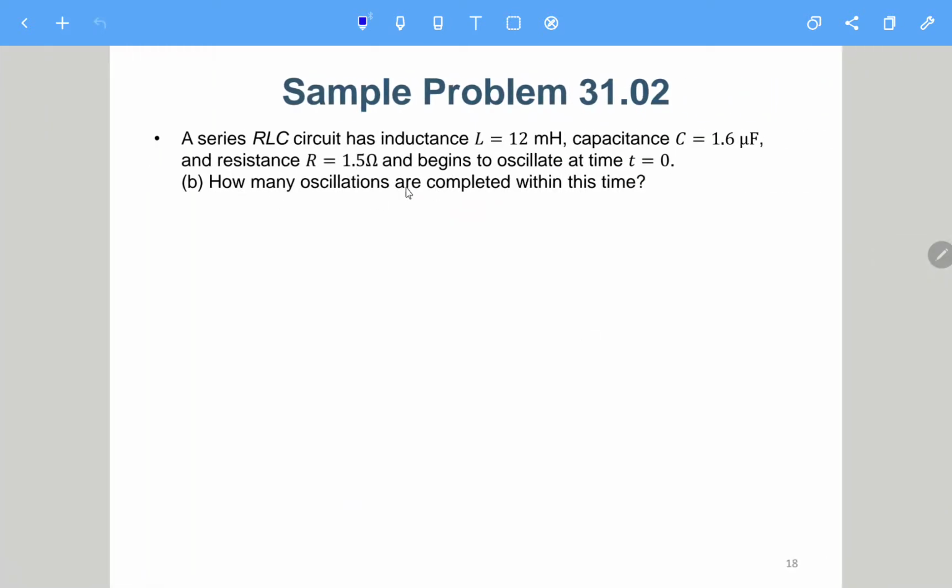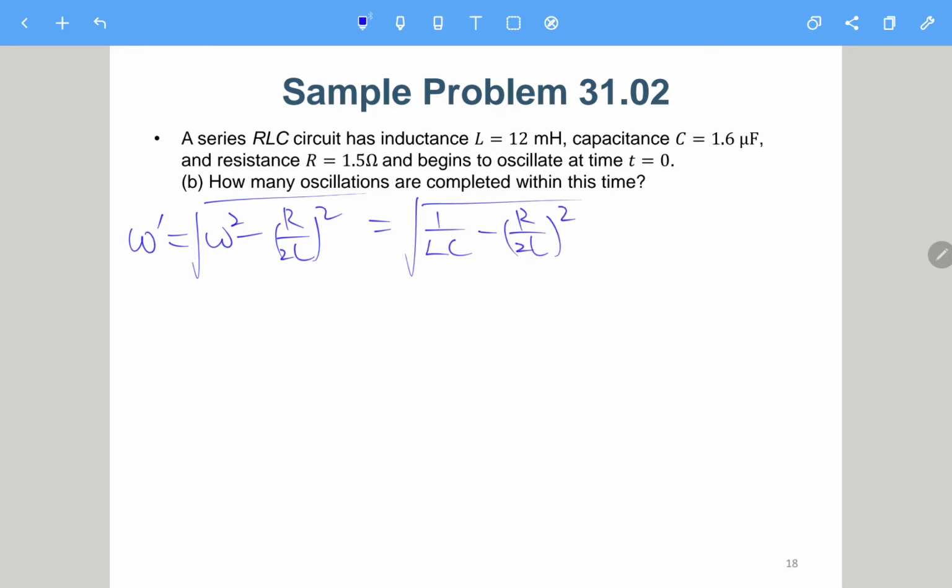And how many oscillations are completed within this time? Okay, so here we would like to calculate omega prime equals the square root of omega squared minus R over 2L quantity squared. So this is nothing but the square root of 1 over LC minus R over 2L quantity squared. And then we can just plug in the values, then we can know the angular frequency of the oscillation.